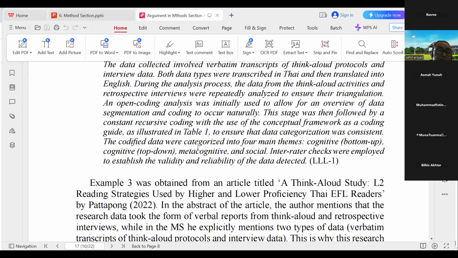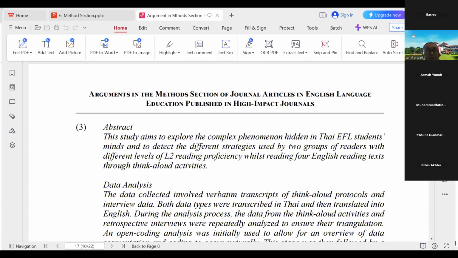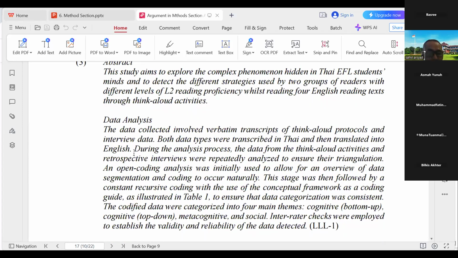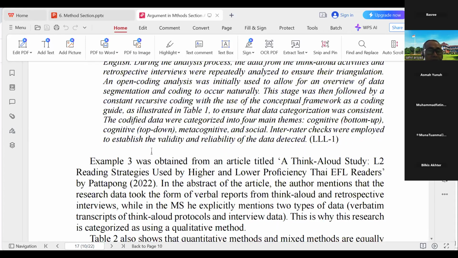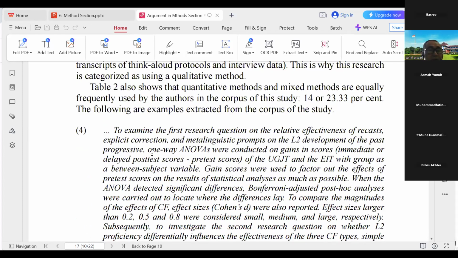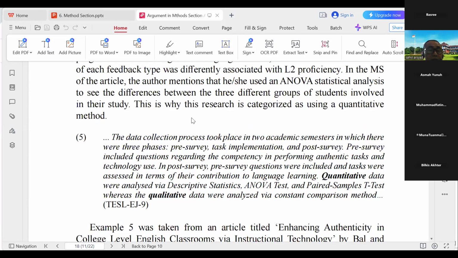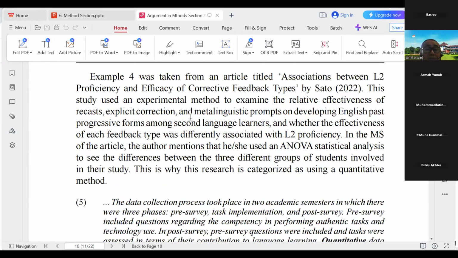These are the examples. The research method can be found in the abstract and in the method section, two different parts of the article. This is the example from the quantitative method. And also this is the example.